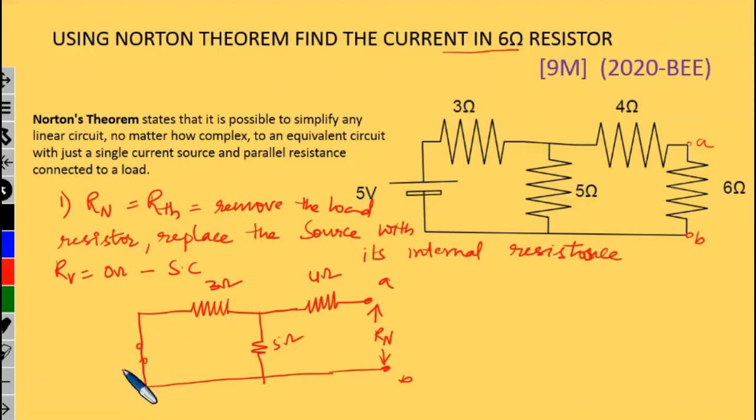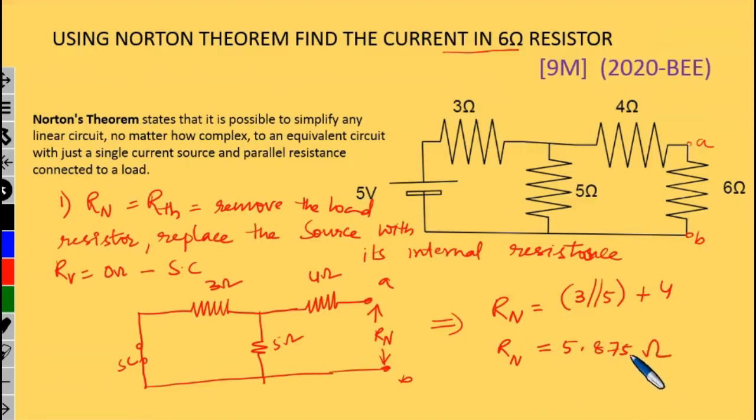This is the voltage source which is replaced by a short circuit. Okay, so what is the value of Rn? Rn is nothing but 3 in parallel with 5, and that is in series with 4. So the value of this Norton resistance is 5.875 ohms.